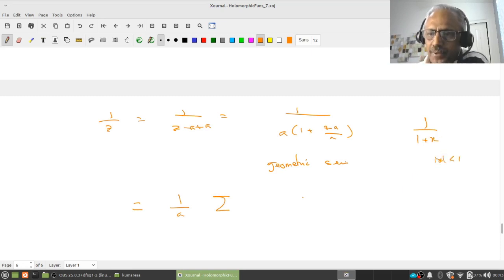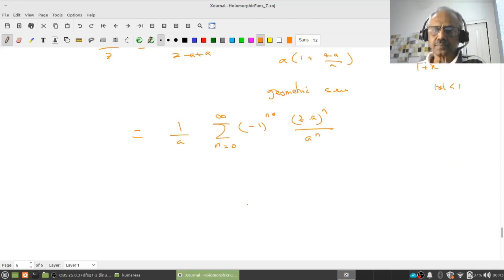Therefore that is going to be the sum of (minus 1) to the power n times (z minus a) to the power n by a to the power n, with n running from 0 to infinity, because this is 1 by (1 minus (minus x)), therefore minus x to the power n. So this is correct. Do you understand why I got this?